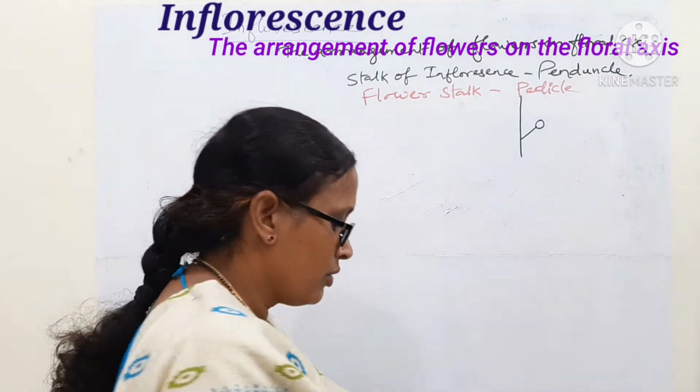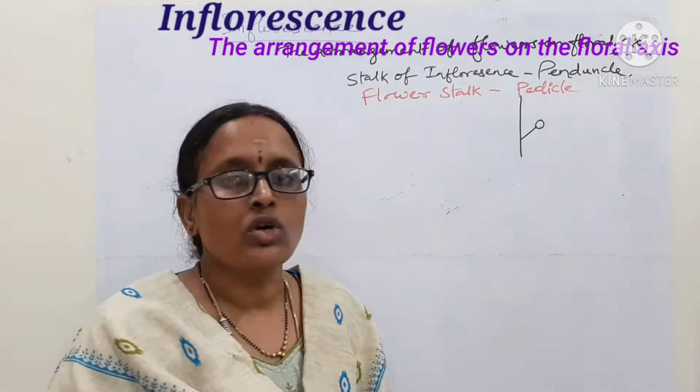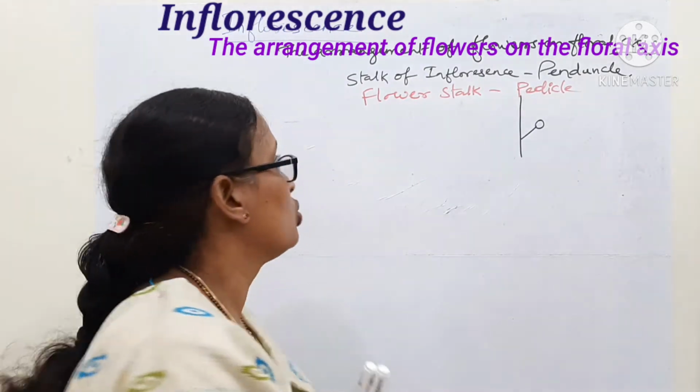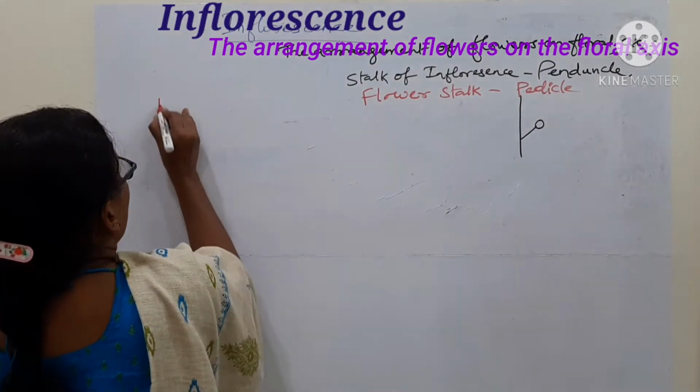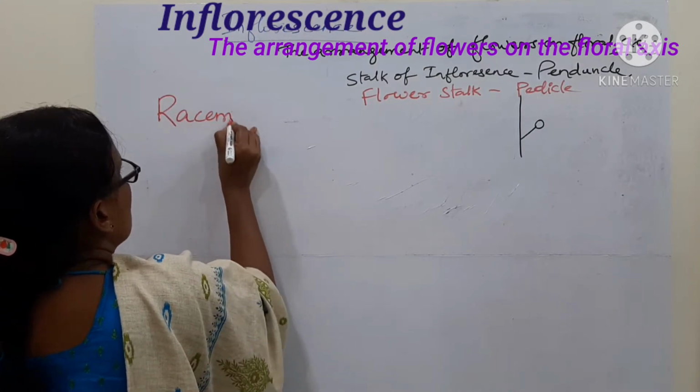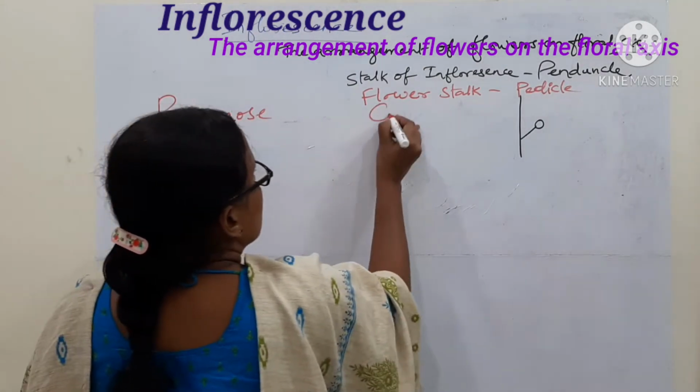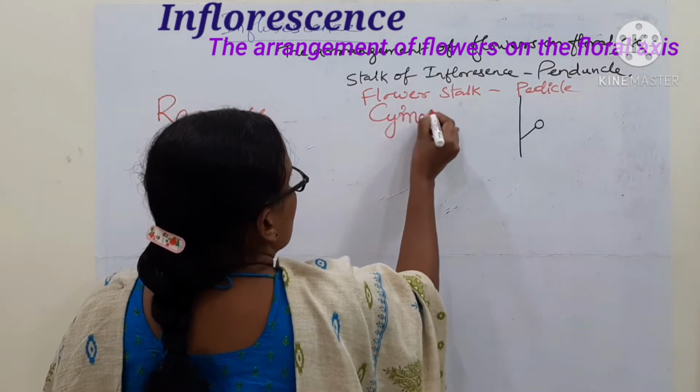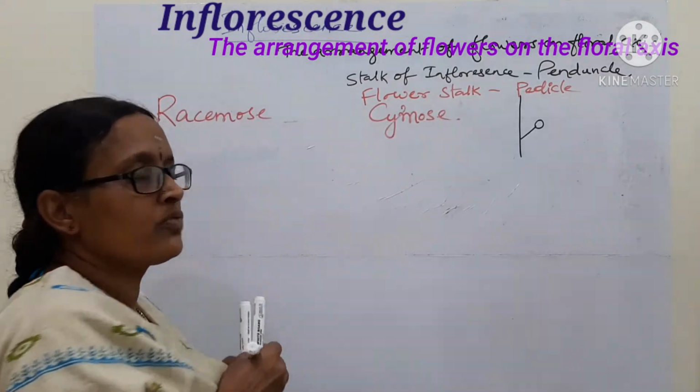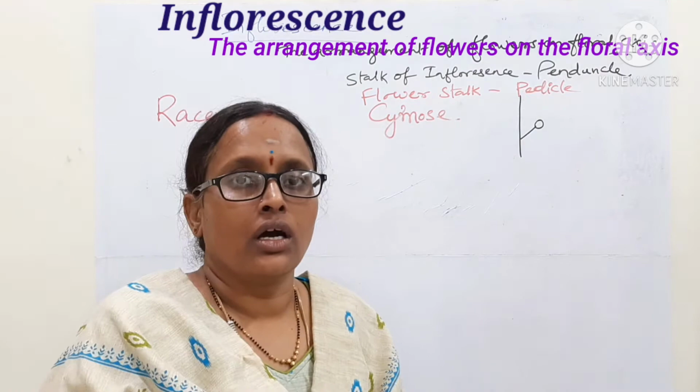Based on that, we have two types of inflorescence: racemose and cymose. These two types are given in your textbook.